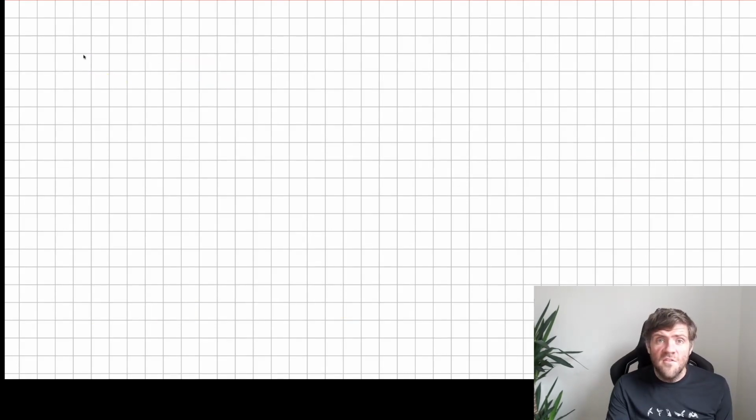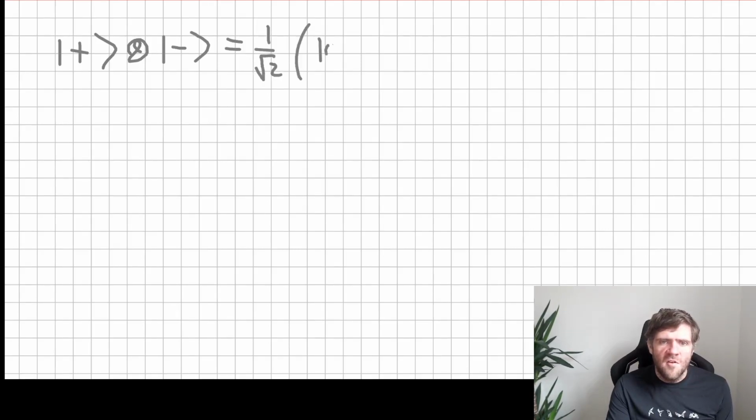To see what this interesting thing is, we can note that the state that we have considered, which is plus tensor producted with minus, can be expressed as a superposition of 0 on the control qubit, tensor producted with minus, and 1 on the control qubit, tensor producted with minus.